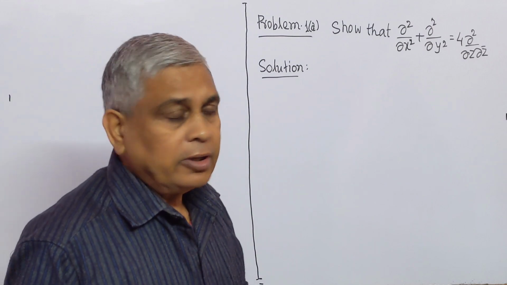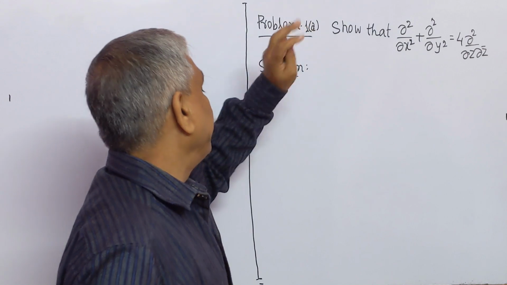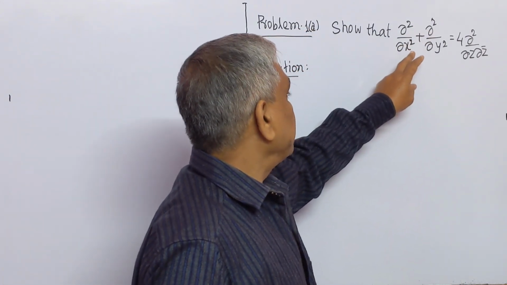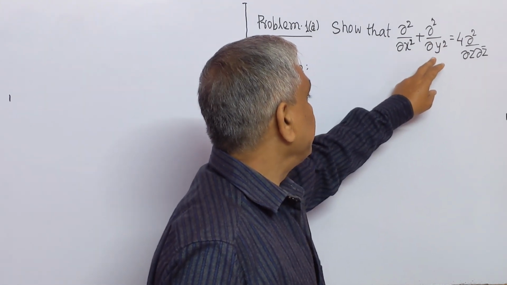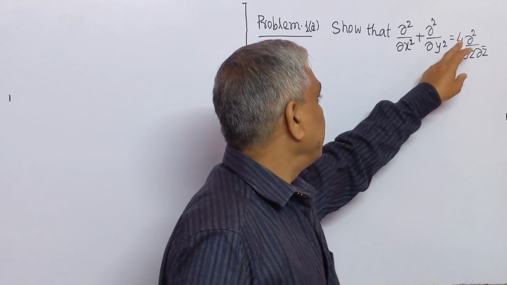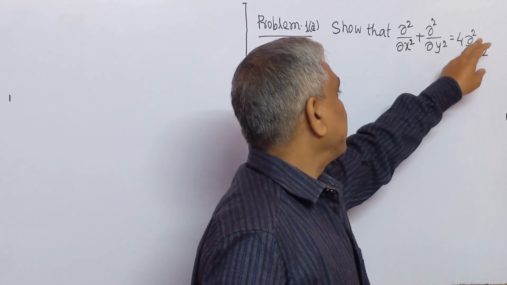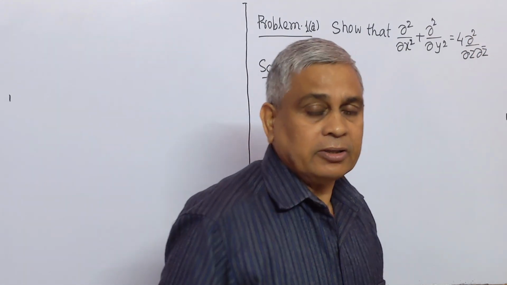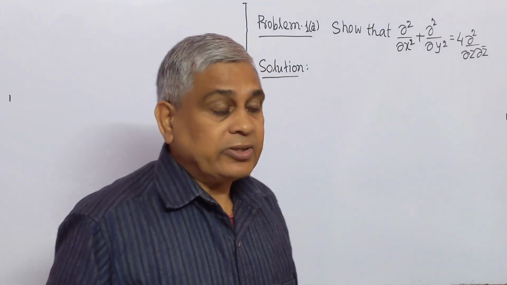Now we solve problem number A of 1: second order partial derivative with respect to x plus second order partial derivative with respect to y equal to 4 multiply second order partial derivative with respect to z and z bar. These are operators. Now we solve this.